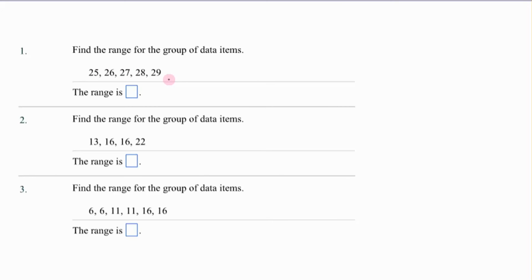What is the spread? Well, the range is the highest, which in this group is 29, minus the lowest, which is 25. It has a spread or a range of 4. That talks about the dispersion.